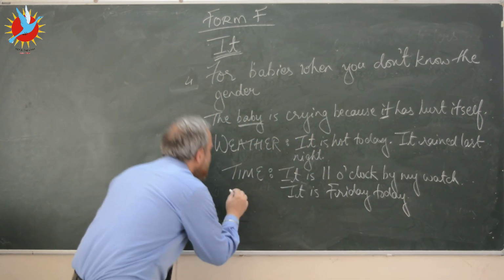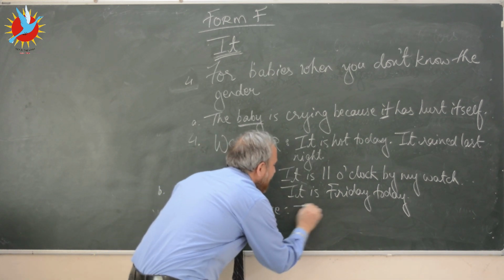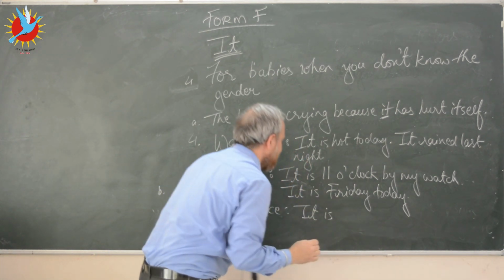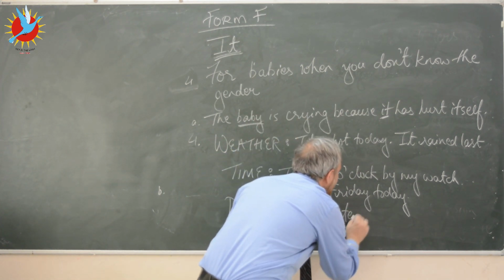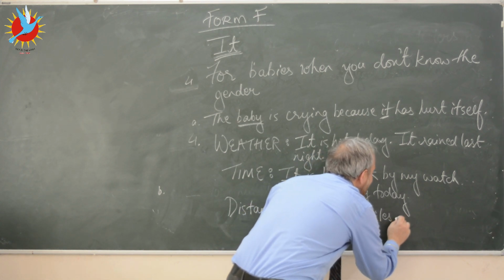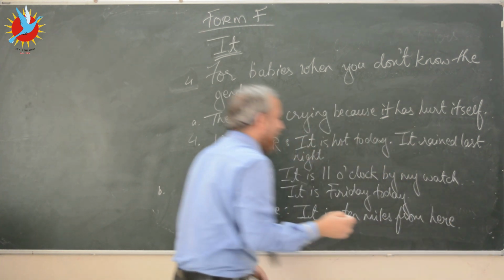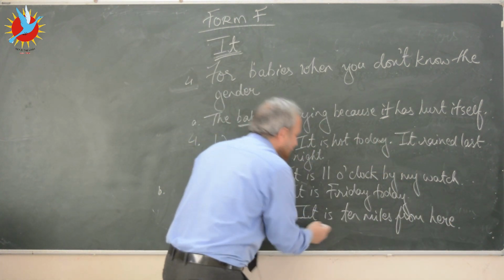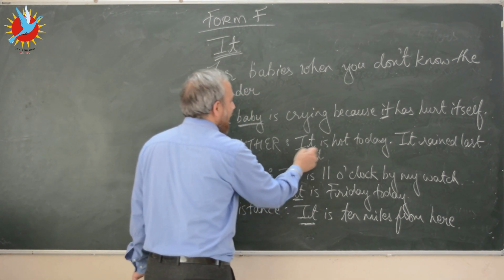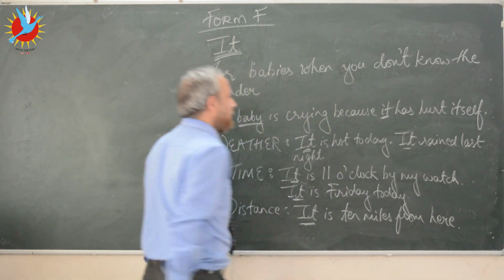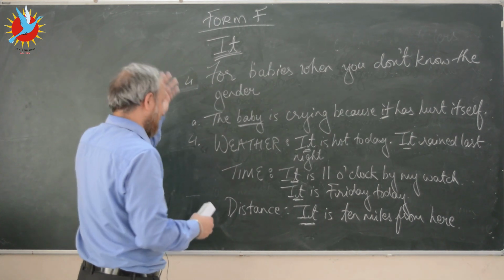And we also use it to talk about distance. Let's say it is 10 miles from here. So here I've used it for distance, here for time, and here to talk about the weather. So you use it in this way as well.